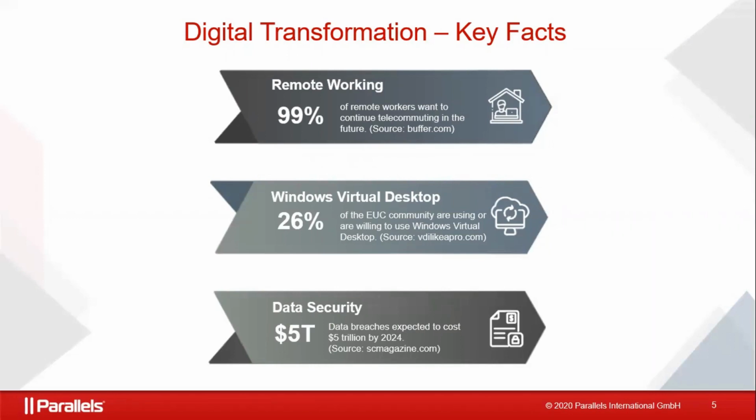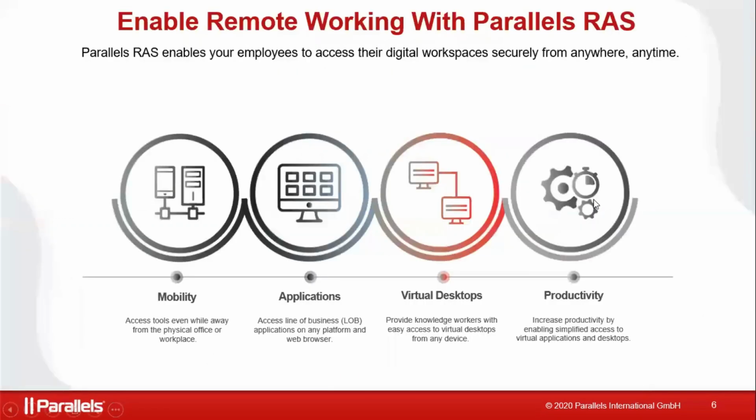So that's why we need to enhance our security and our solution, so that users can access their servers securely and faster. Parallels RAS enables all employees to access their office network and their cloud network securely from anywhere, at any time, and from any device.